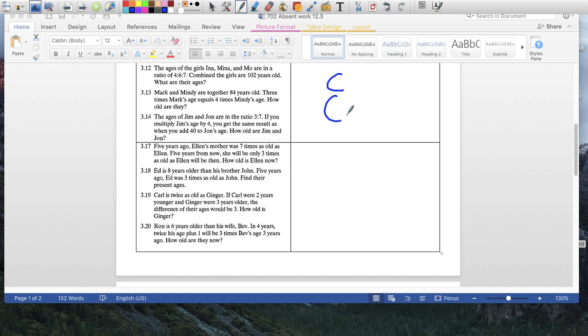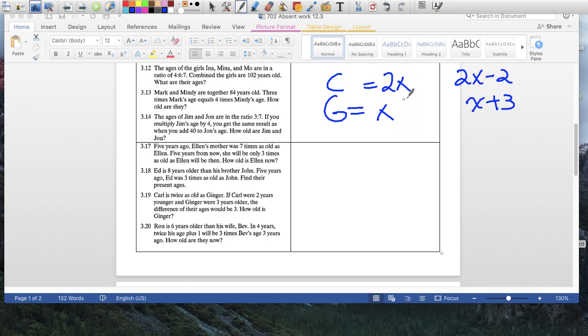So we have Carl, we have Ginger. Let's call Ginger x, which means Carl's 2 times older than her, or 2x. If Carl were 2 years younger, he would be 2x minus 2. And if Ginger were 3 years older, she would be x plus 3, right?